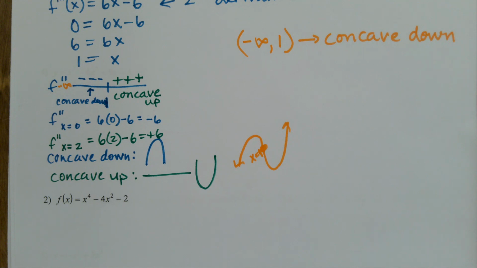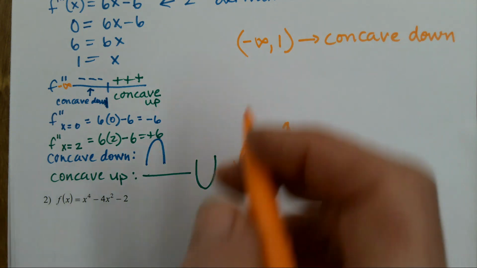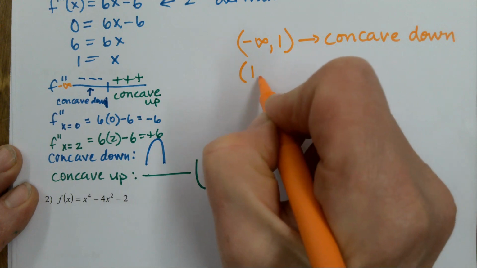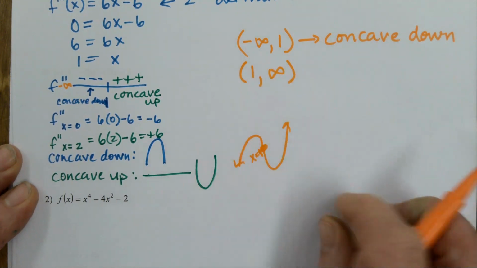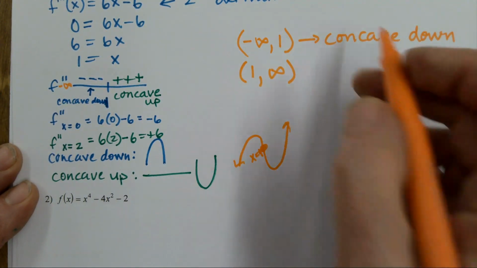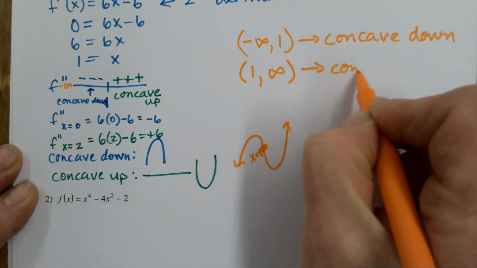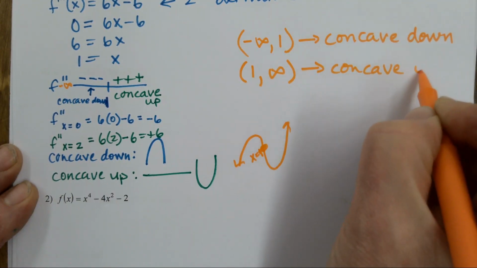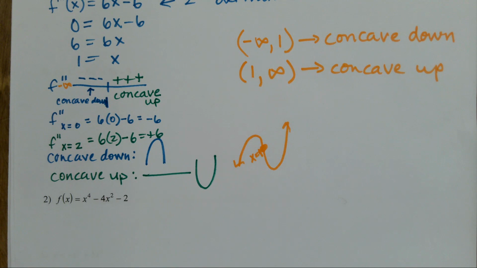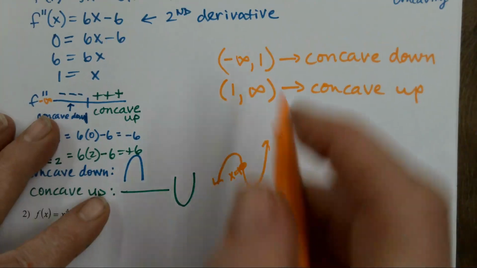So on the other side of 1, up until positive infinity, this is concave up. That's what my answer looks like for these.